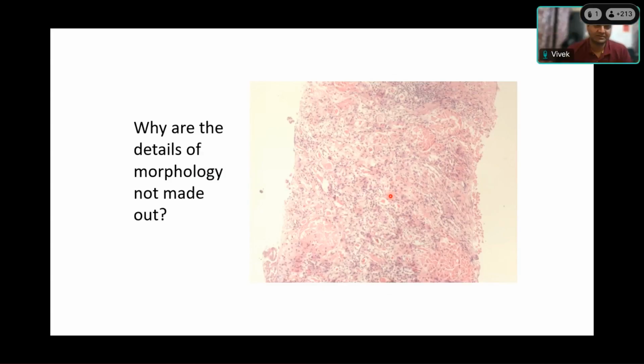It is prior to fixation, I think autolysis. Yeah, correct. So this is not a staining artifact. If you look carefully, everything is just a mass of cells, and you can't make out any details. And you have to get used to how autolyzed tissue actually looks.